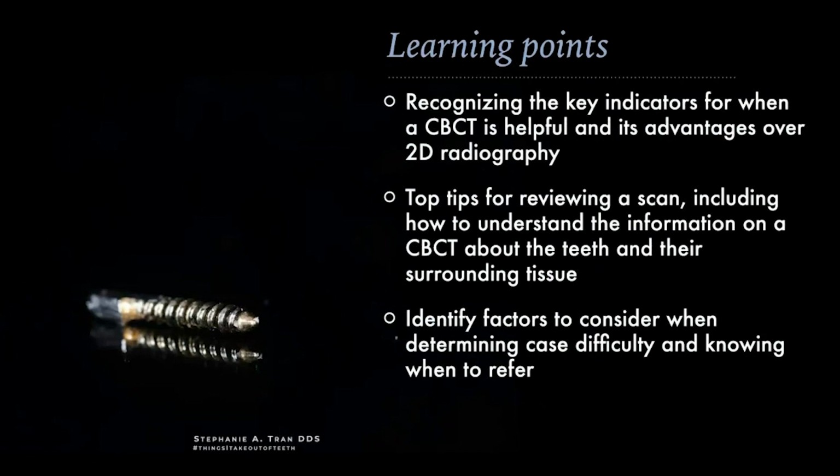I'm going to explain the top tips for how to review a scan, including how to understand all of the information, how to read the scans better, and how to understand the morphology of both the teeth and their surrounding structures. And I'm also going to be explaining the key factors to consider when determining case difficulty and knowing when it may be too difficult and when it's best to refer.